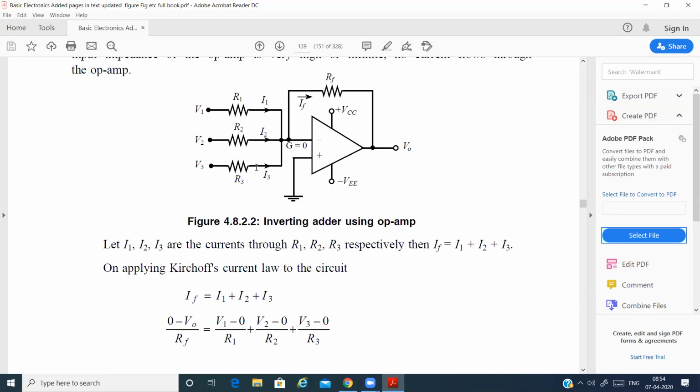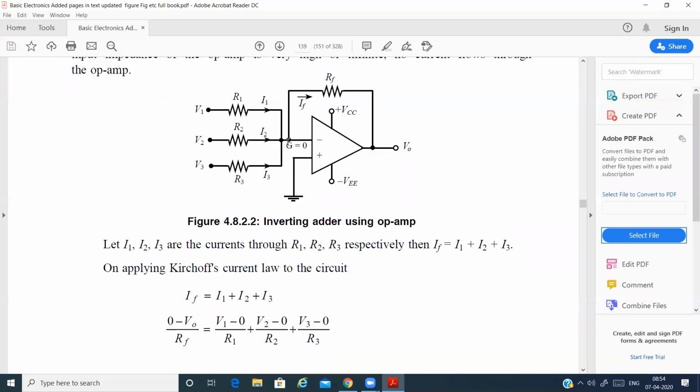So the current entering is equal to the current leaving, and we ignore the current entering the op-amp, which is negligible. So IF is equal to I1 plus I2 plus I3. IF means the current flowing from this point to this point. According to the virtual ground concept, since the non-inverting terminal is grounded, this voltage will also be grounded, acting like a ground.